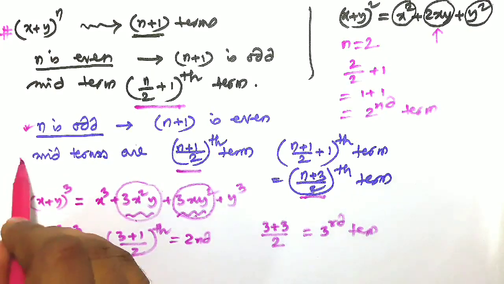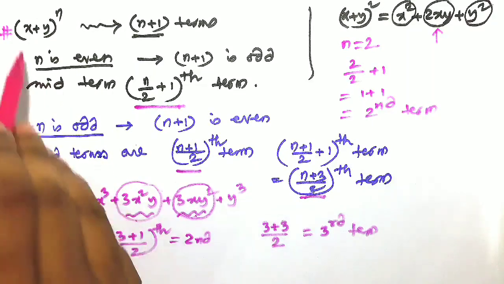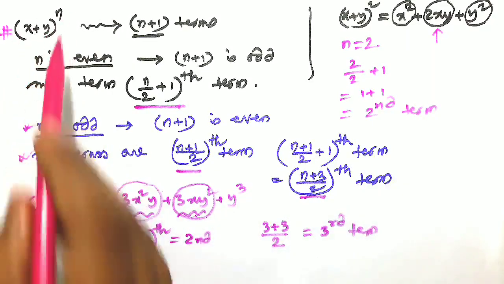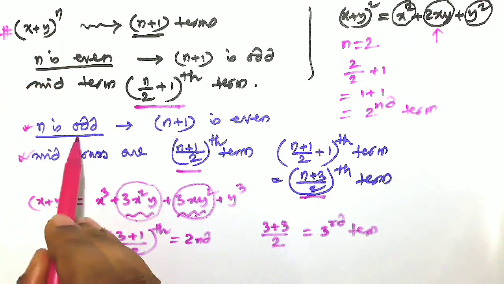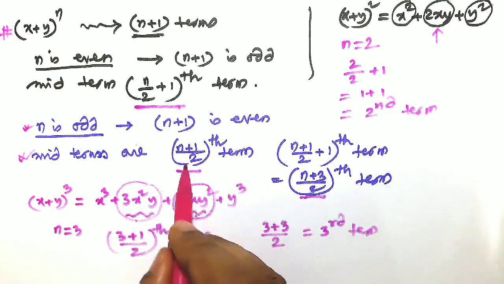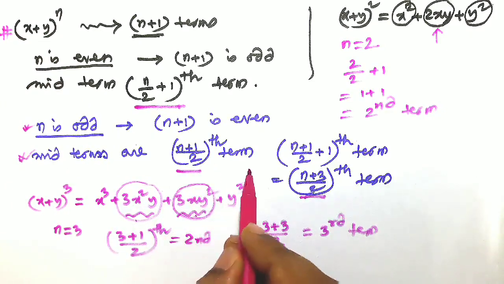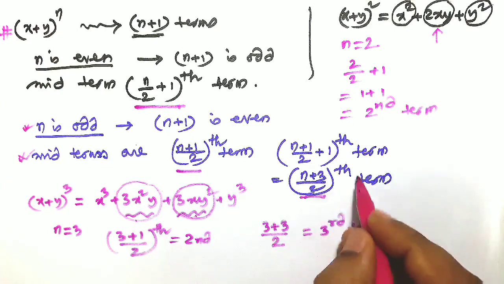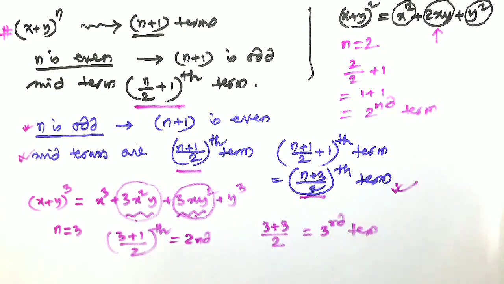So the formula created: the middle terms in the expansion of (x + y)^n, where n is an odd number, are respectively the ((n + 1)/2)th term and the ((n + 3)/2)th term.